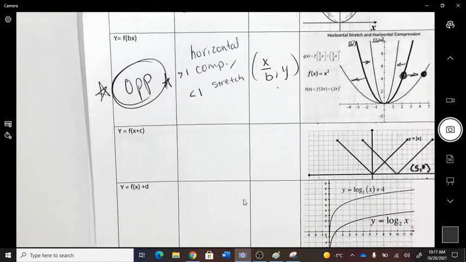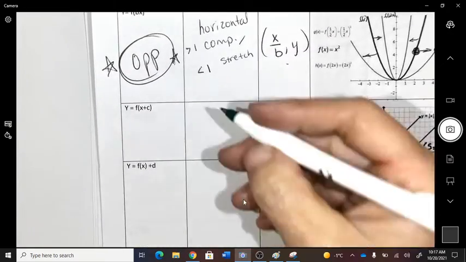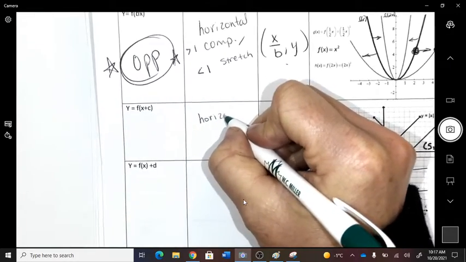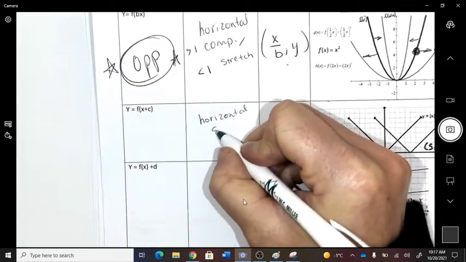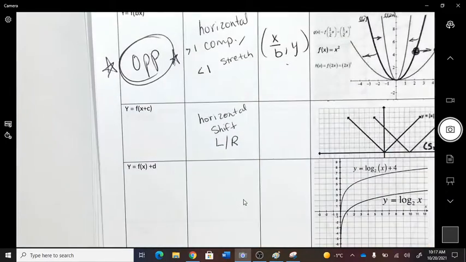Okay, when you see a plus C, a C is a descriptor, a horizontal shift. So in other words, you could be moving left or right on a graph.